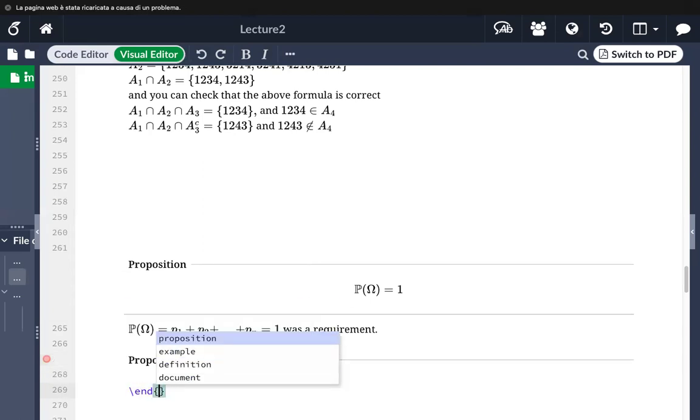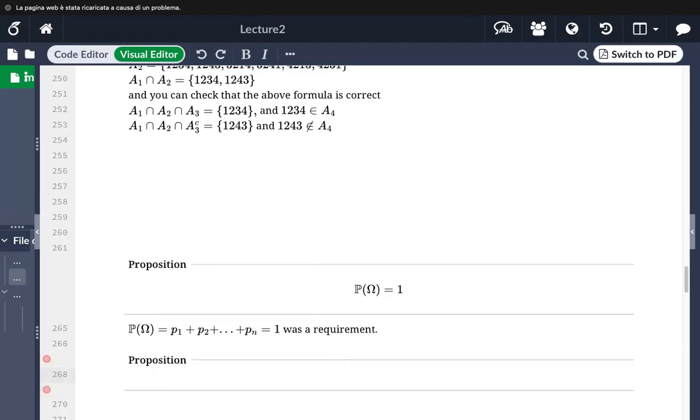And the second proposition is the fact that computing a probability of an event is like counting. So let me this time state it in a precise way.